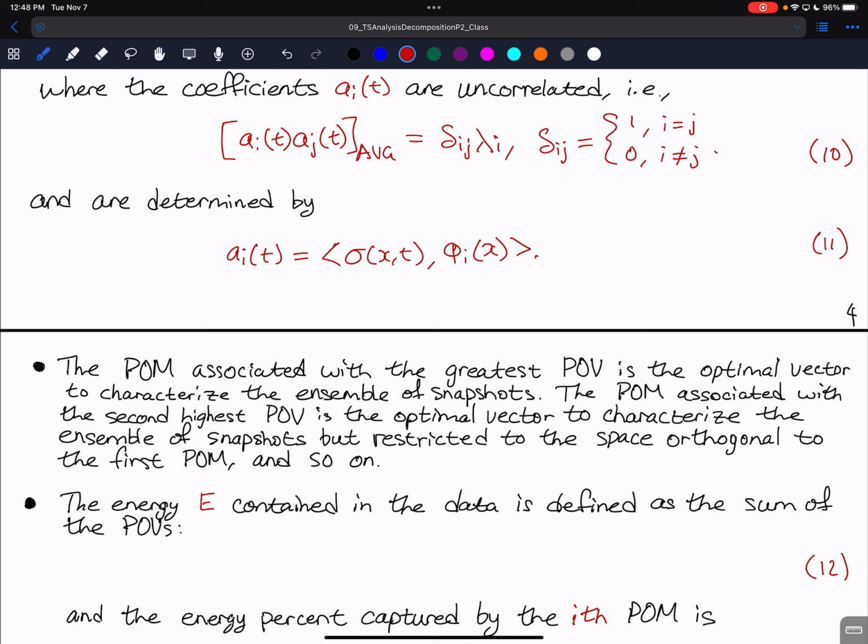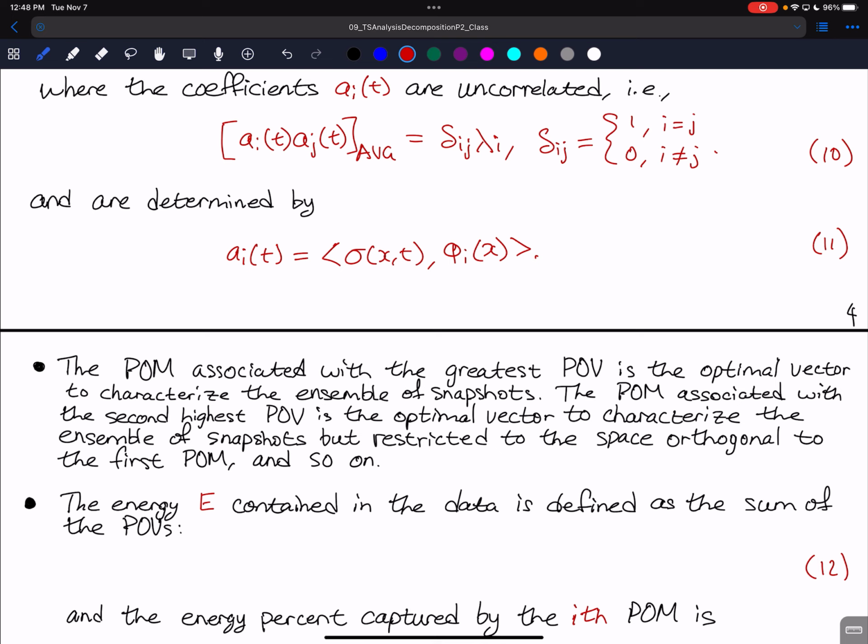The second POM, the one associated with the POV that has the second highest energy, is then going to be optimal to characterize the ensemble of snapshots when that is restricted to a space orthogonal to the first POM, and so on to the third and fourth. Again, these modes are all orthogonal. They may represent real physical mode shapes, but most likely they're not going to. We'll see in a little bit what the conditions are.